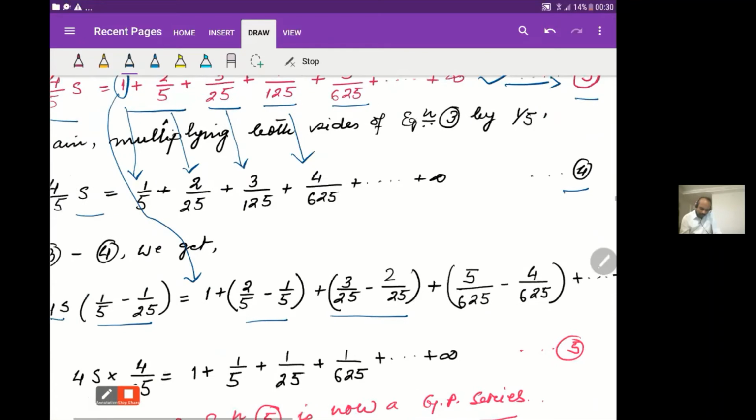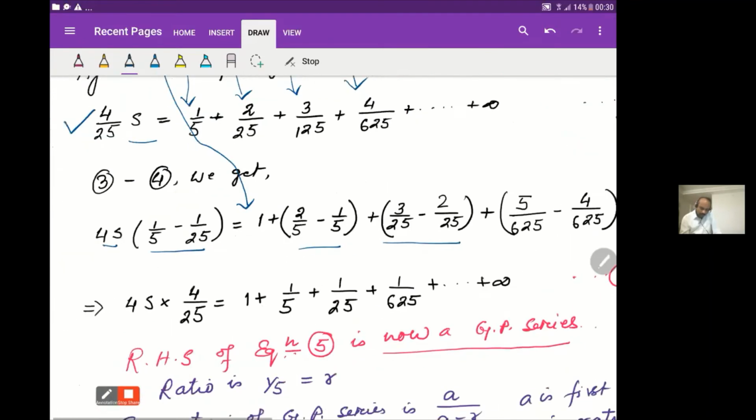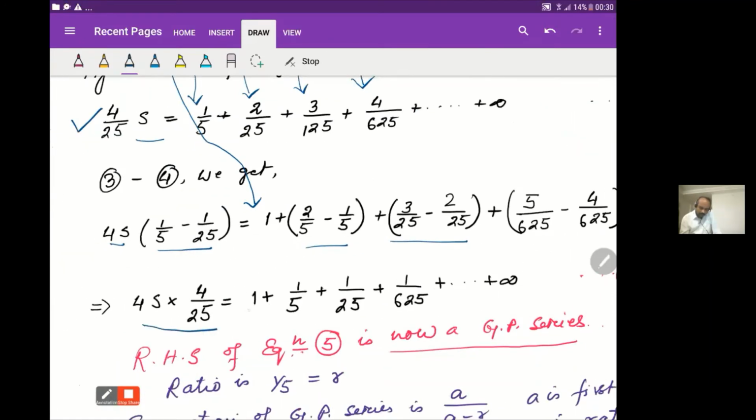That gives us 4S times 4 by 25 is equal to 1 plus 1 by 5 plus 1 by 25 plus 1 by 125 plus up to infinity.